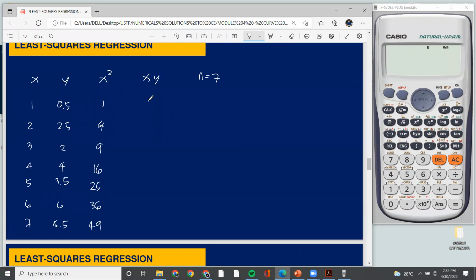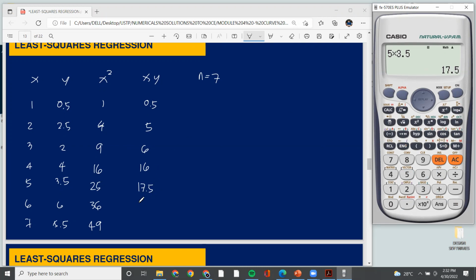So we have x times y. 1 times 0.5, 0.5. 2 times 2.5, 5. 3 times 2, 6. 4 times 4, 16. 5 times 3.5, 17.5.